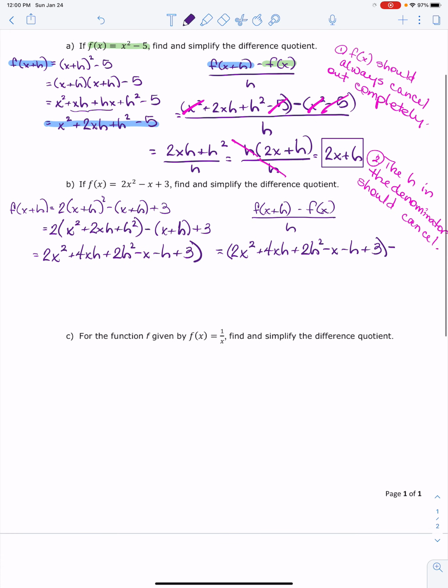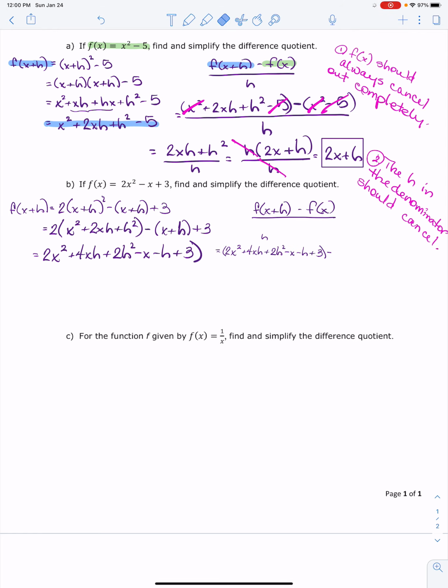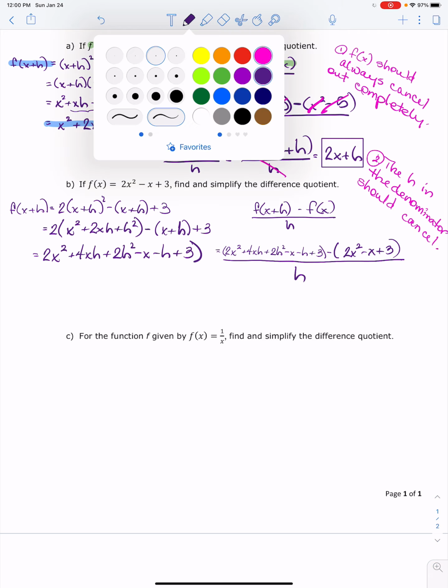Minus my f of x. Let's see if I can shrink this down just a little bit. Maybe I didn't mean to shrink down my h. Okay. Minus, again in parentheses, 2x squared minus x plus 3 all over h. Now we're going to cancel what they both have in common.